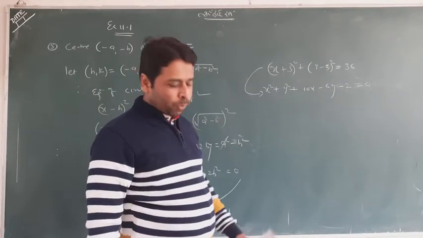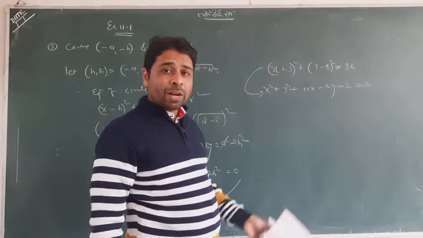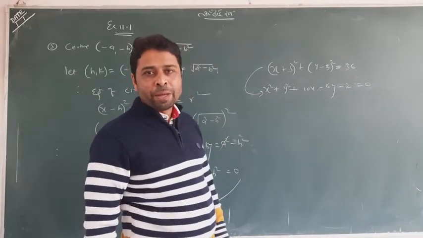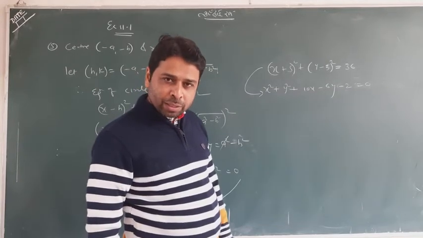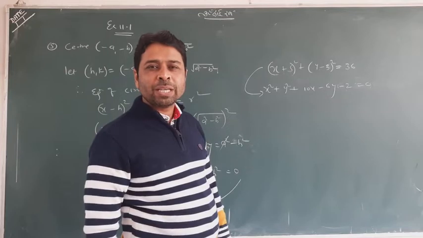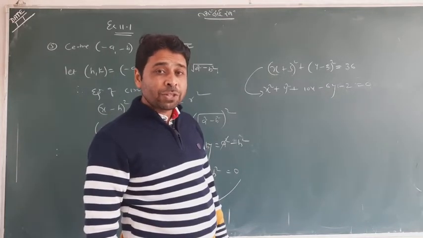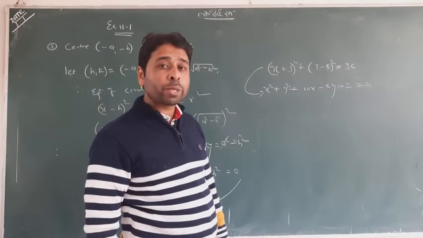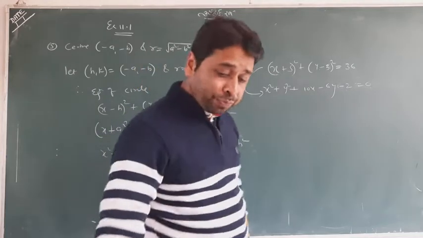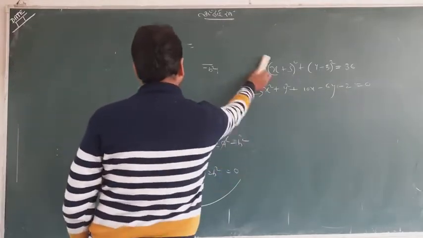After getting the general equation, questions 6, 7 and 8 all become the same. Compare with x square plus y square plus 2gx plus 2fy plus c. Get your g, f and c. Center will be minus g, minus f, and radius will be root of g square plus f square minus c. So we have two ways, students. You can use either way and get your answer.